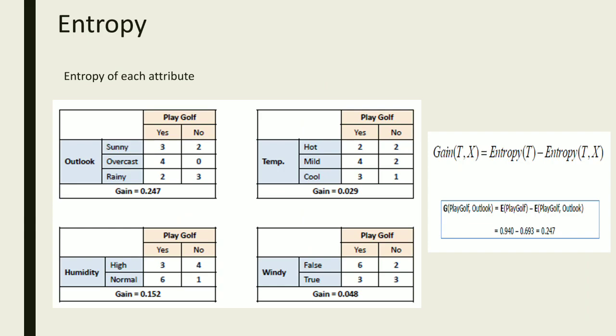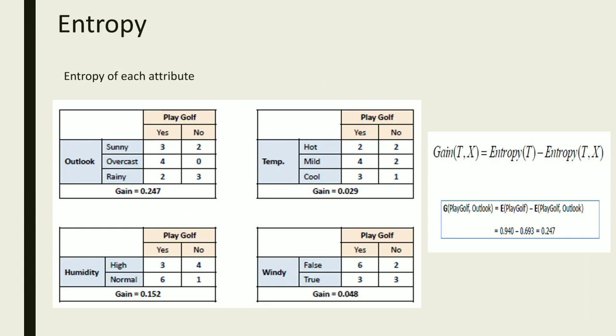This way we are calculating the entropy for each and every attribute: outlook with 3 values, temperature with 3 values, humidity with 2 values, windy with 2 values. Then every time, we find the gain, that is, the entropy of T minus the entropy of T given X. I have directly written the formulas here, and based on those formulas, I have calculated the values.